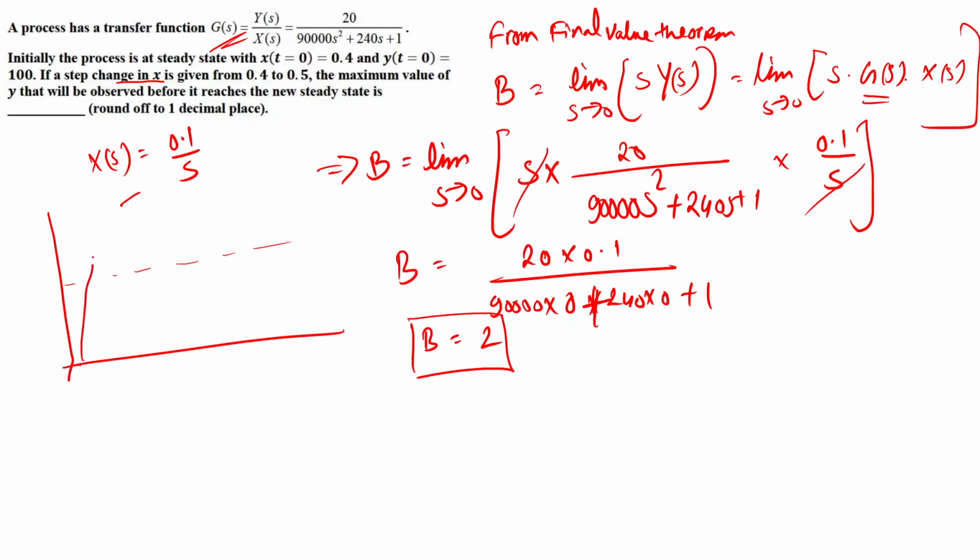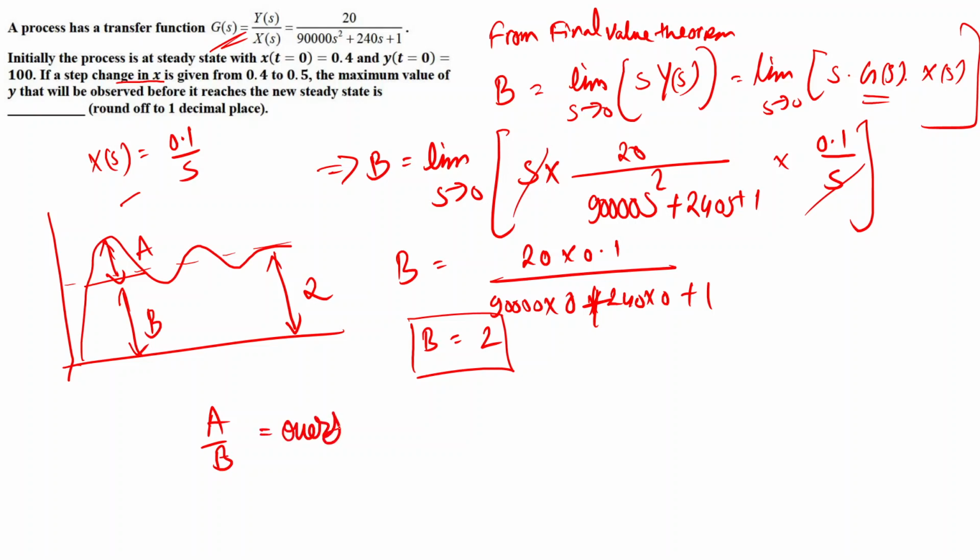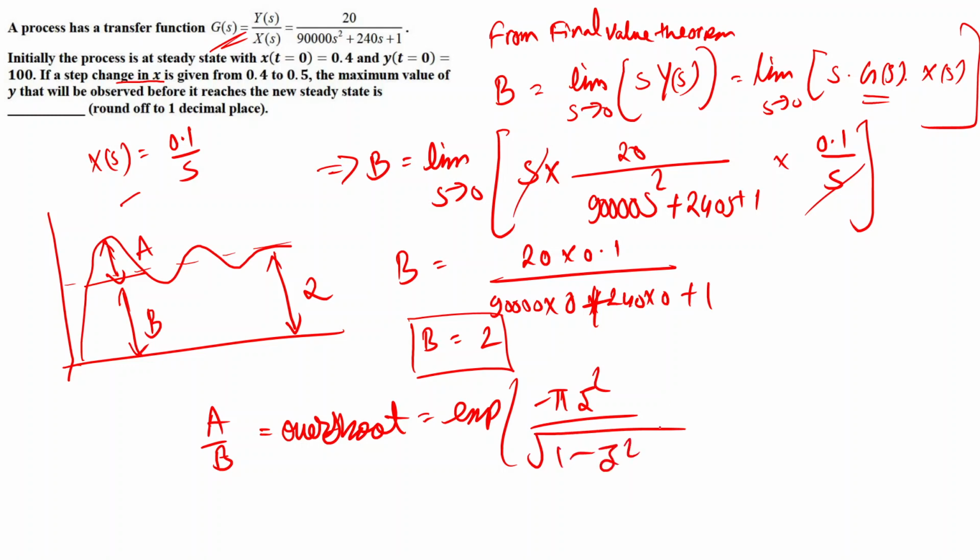So basically we calculated this magnitude as 2. Now we need to find this term, that is A. So we know that the ratio of A upon B is known as overshoot, and its formula is exponential of minus pi zeta upon the square root of 1 minus zeta square.